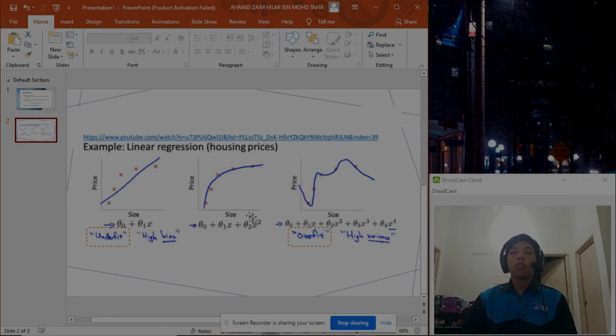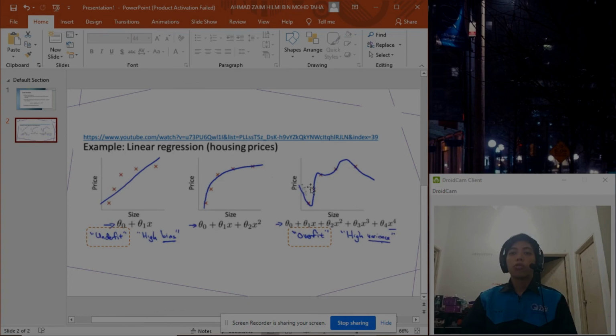Next, we could also fit a quadratic function to the data and we get the curved blue line over here. And lastly, we could fit a fourth order polynomial to the data as we have 5 parameters: 1, 2, 3, 4 and 5. With this algorithm, the blue line will pass through all the data points and that seems to be a great solution.